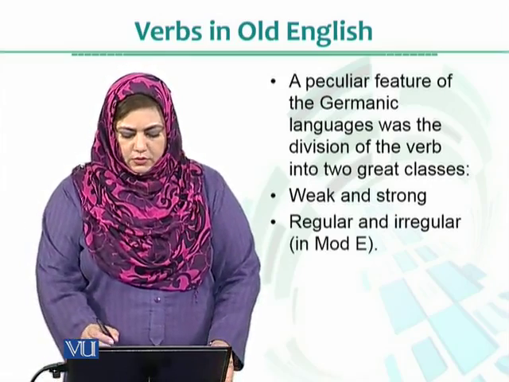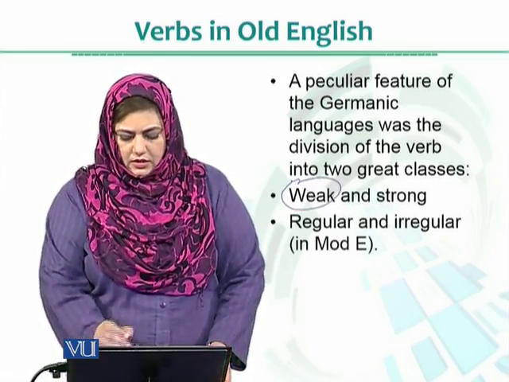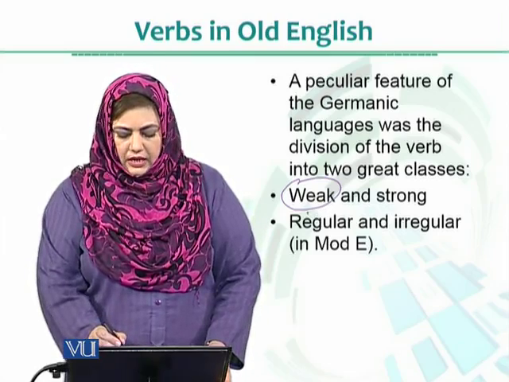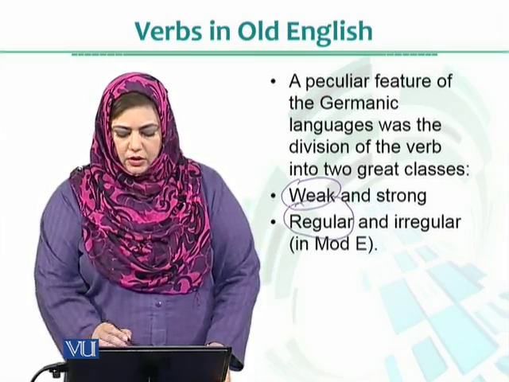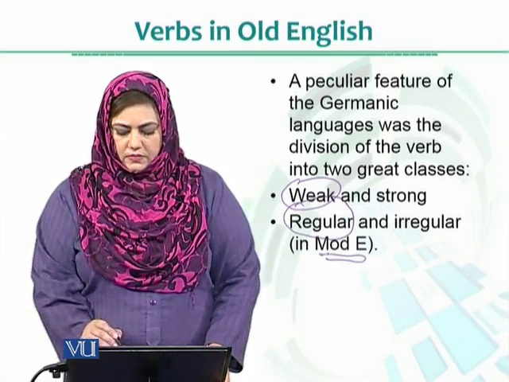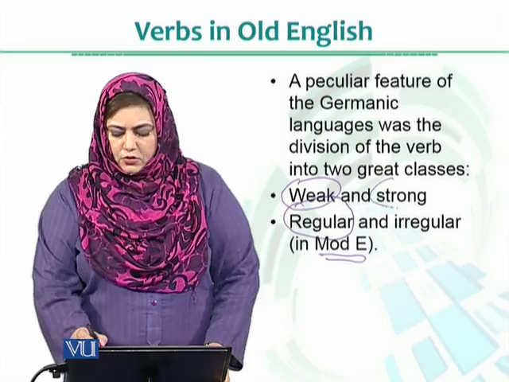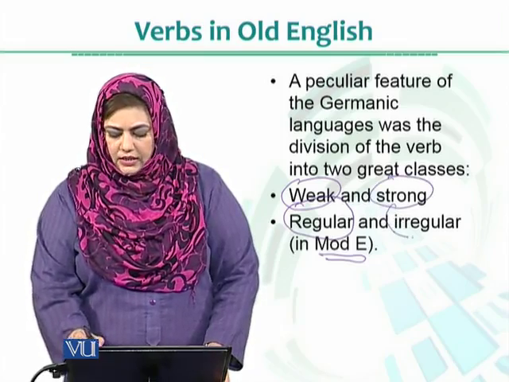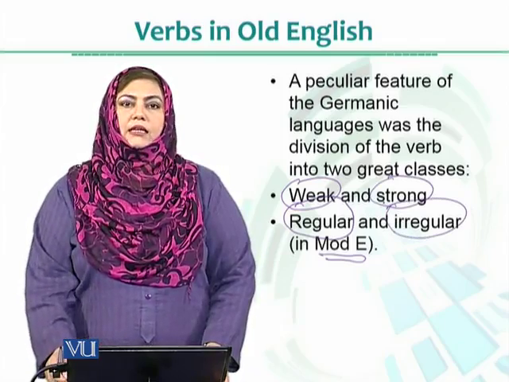Weak verbs, if you look at the screen, that were called weak in Old English are now called regular verbs in modern English. The second type, strong verbs, as they were called in Old English, are now called irregular verbs.